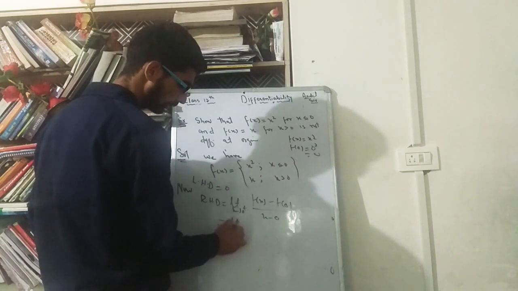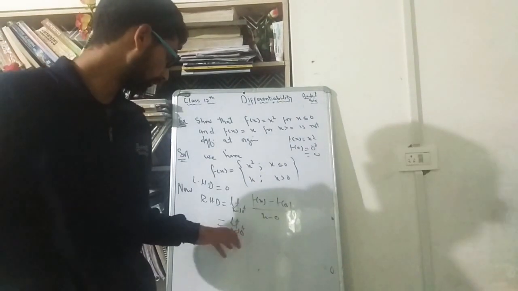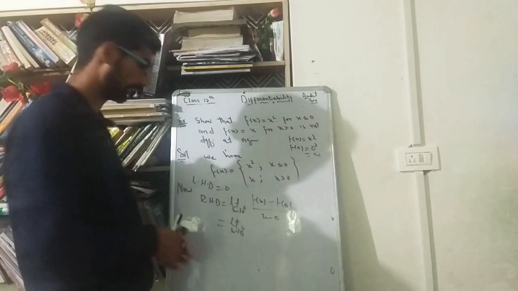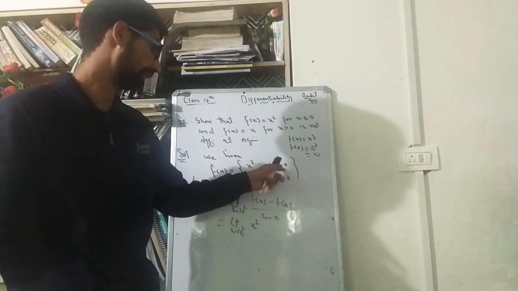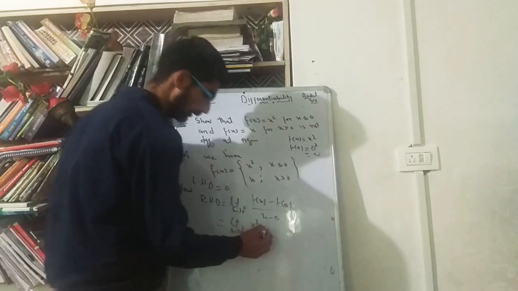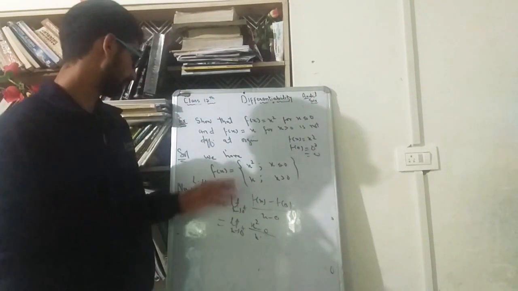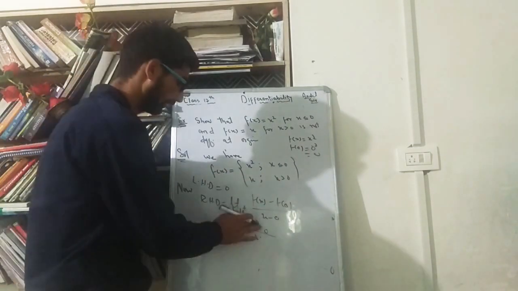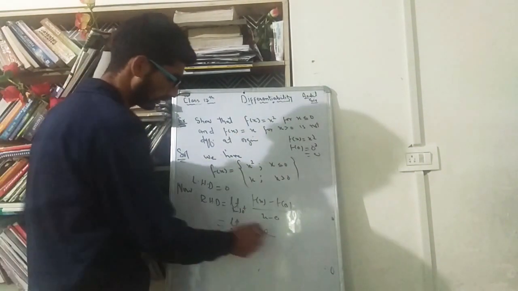When the values of x are greater than 0, the value of the function is x, and f of 0 is 0 square, that is 0, divided by x minus 0.